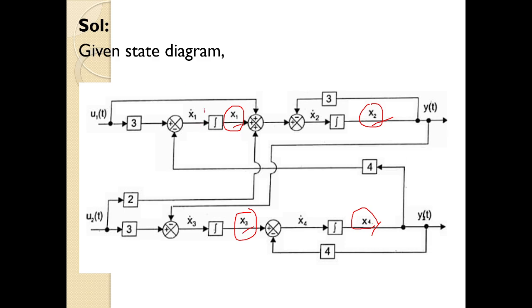So input to the integrator is what? First derivative of x1. Similarly, input to the integrator whose output is x2 is derivative of x2, input to the integrator whose output is x3 is derivative of x3, and the input to the integrator whose output is x4.